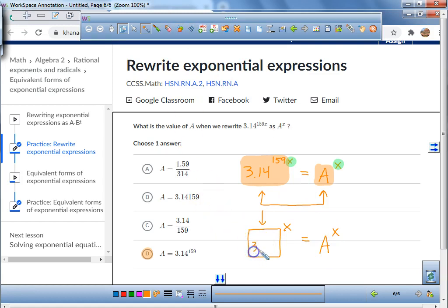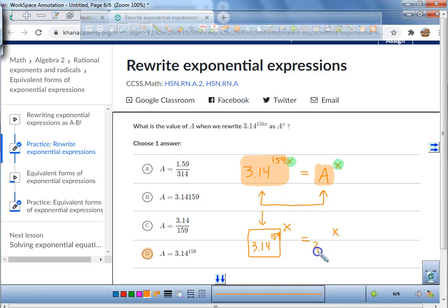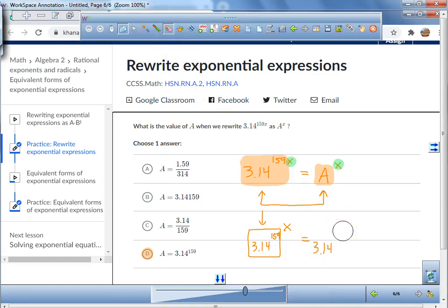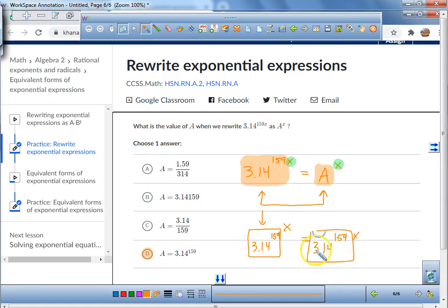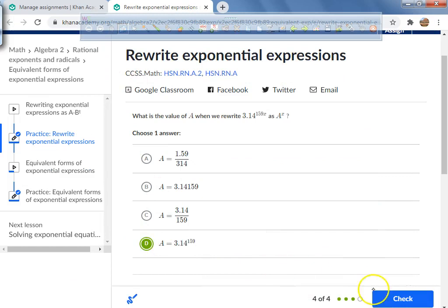We'd have to have 3.14 raised to the power of 159. What would I have to put over here? 3.14 raised to the power of 159, and then there's an x. So I'd have to fill that in to make these all the same. That's why that's the answer.